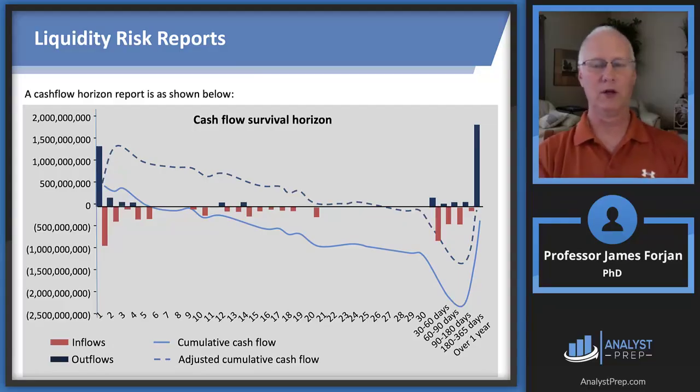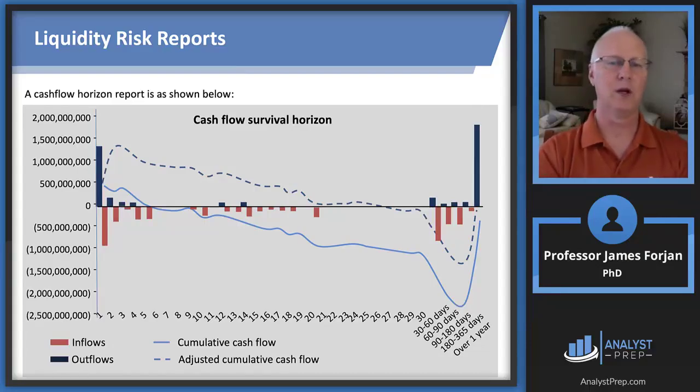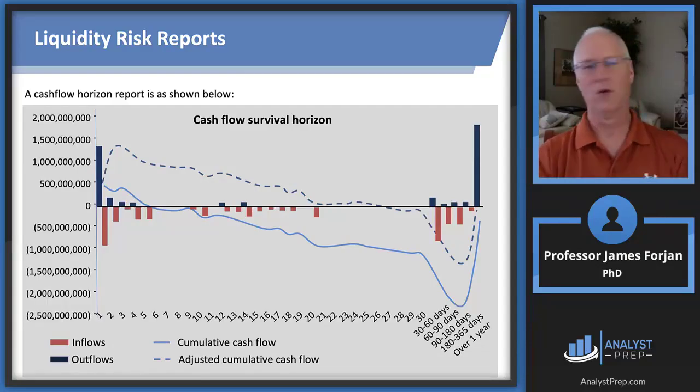Now what we want to do is replicate this cash flow survival horizon under specific liquidity stressed events. Whatever those stressed events are: spike in inflation, spike in interest rates, spike in oil prices, et cetera.